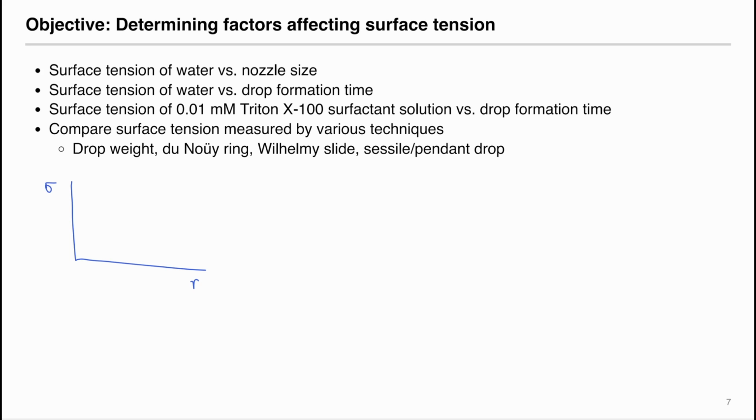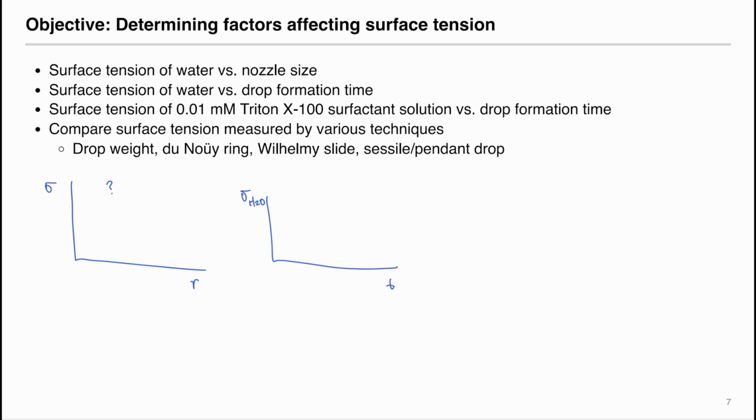We know that surface tension is a thermodynamic property, so it shouldn't change with respect to how we measure it. But in reality, in practice, how could this differ?